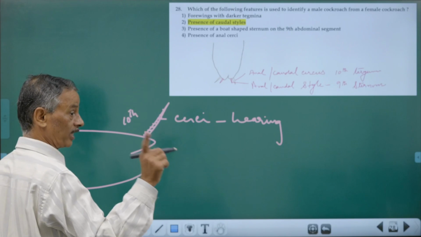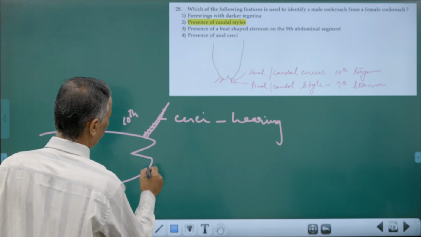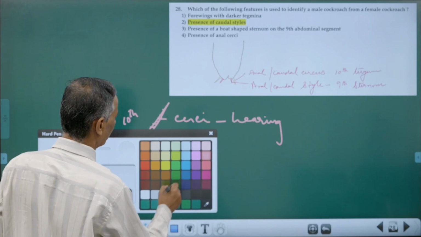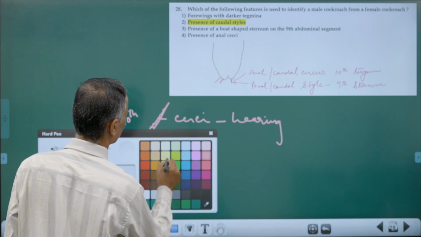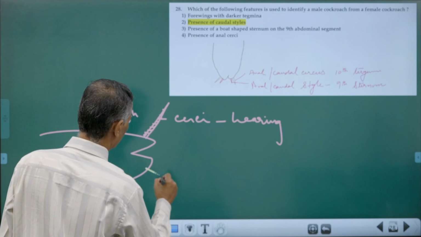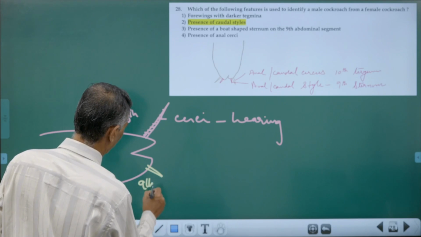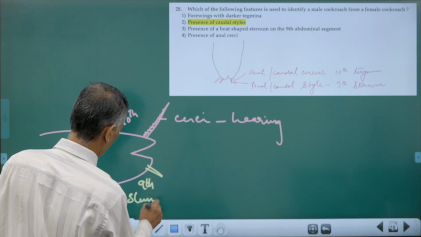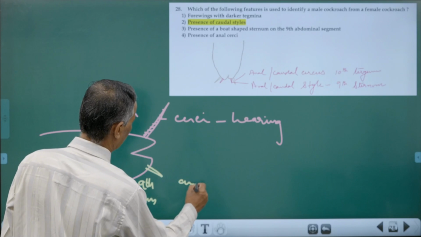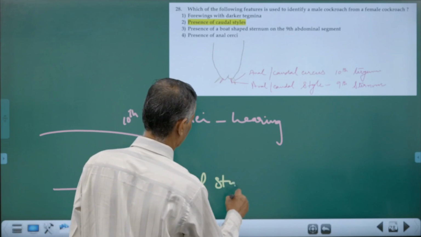And there is no 10th sternum. So you are having only the 9th sternum as the last one. Arising from that, there is a pair of small structures arising from the 9th sternum. This is the anal style.